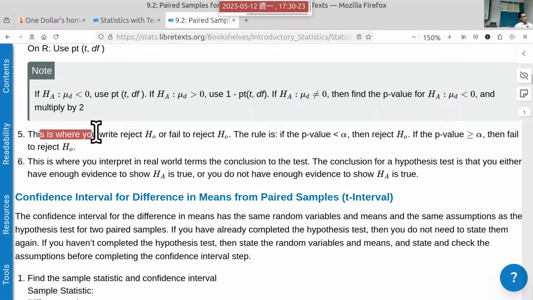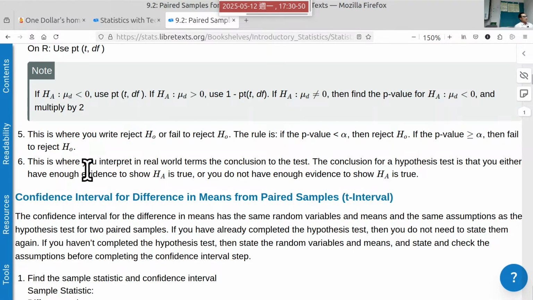And this is where you write reject the null hypothesis, or fail to reject the null hypothesis. The rule is if the p-value is smaller than alpha, reject the null hypothesis. If the p-value is greater or equal to alpha, then fail to reject.